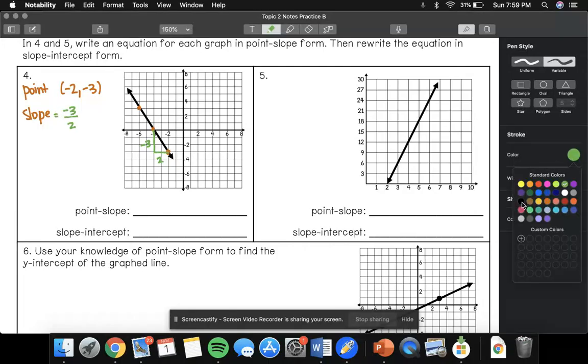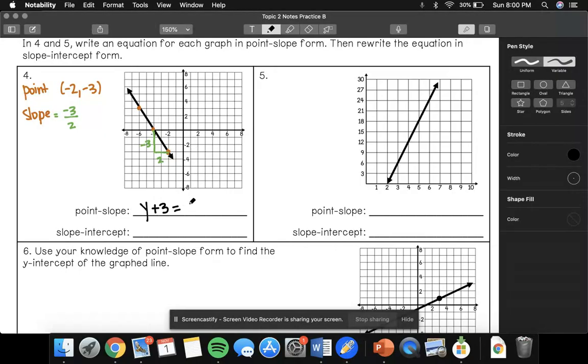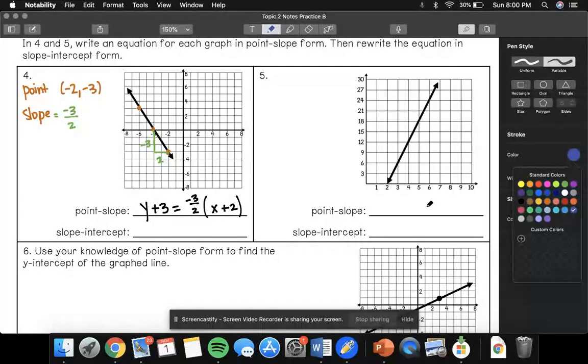Okay, so my equation would be y minus -3, so it makes it an addition problem, equals my slope, -3/2, times x minus -2. So again, it becomes an addition problem. Then we could rearrange this into slope-intercept form.